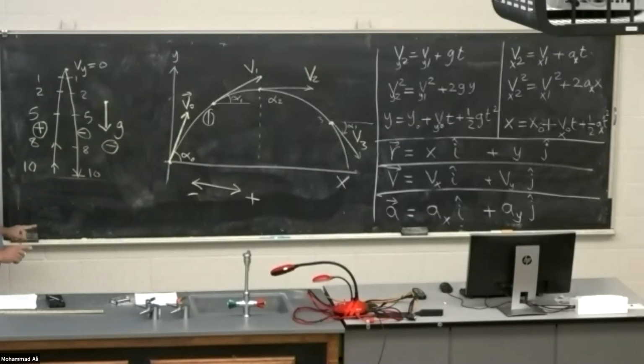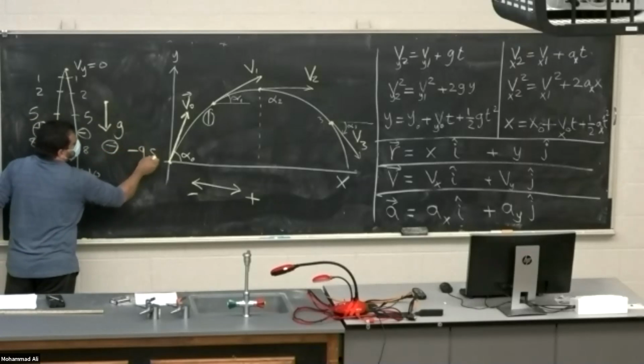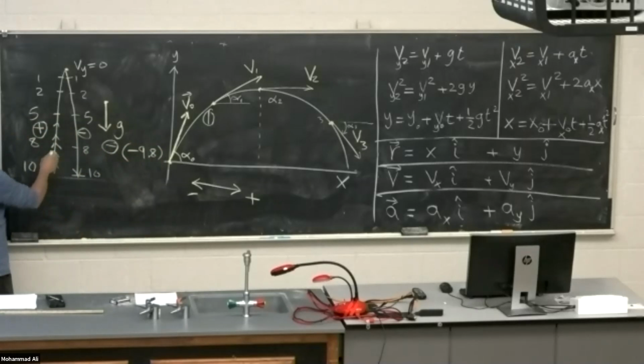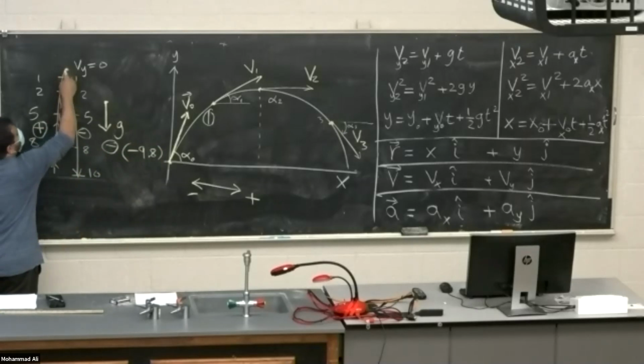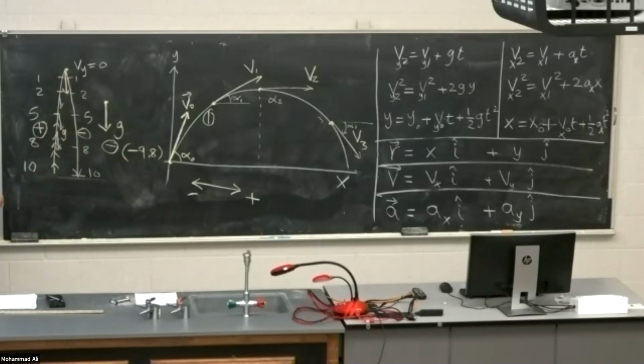Another important thing. When I was in your place, I answered it the wrong way. g is always constant. When I am going up, g is constant. It is negative 9.8 meters per square second. There is always g. How much is g at the top? How much is g here, where the velocity is 0? g is still the same.